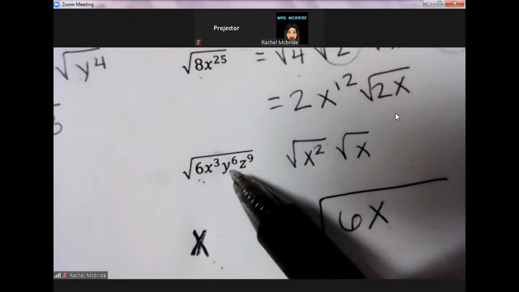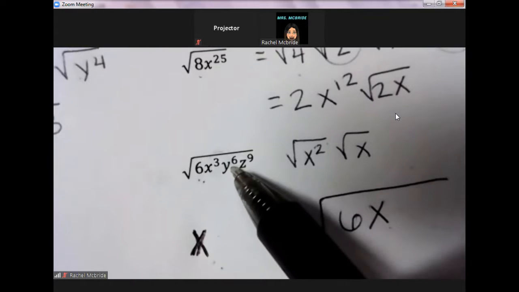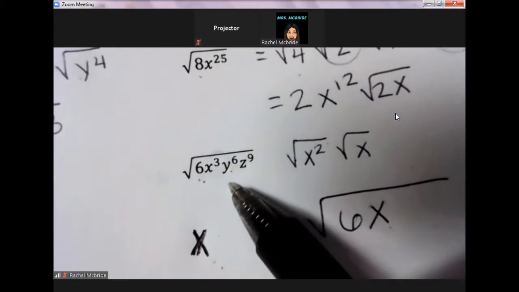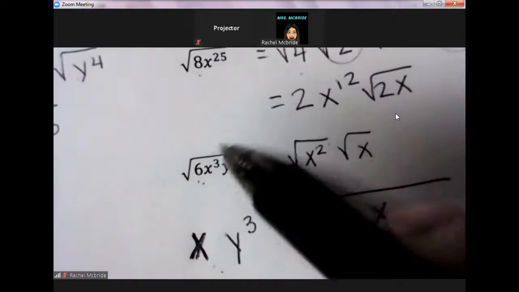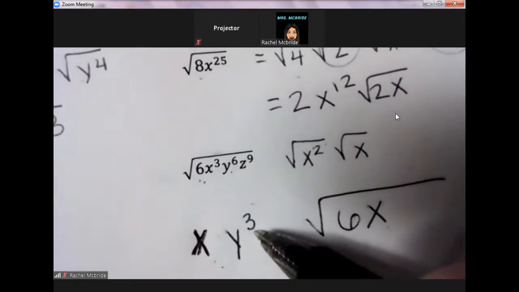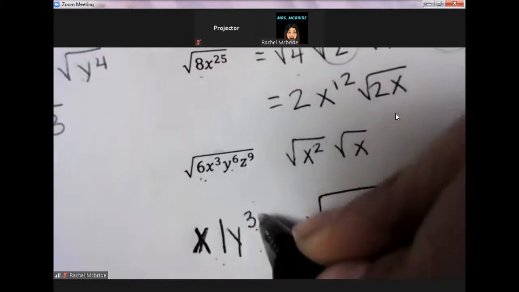Okay, y to the 6th, even or odd? So we take that 6 and we divide it by 2. So 6 divided by 2 is? Alright, so we get y cubed. It started even, it became odd, therefore we need absolute values.